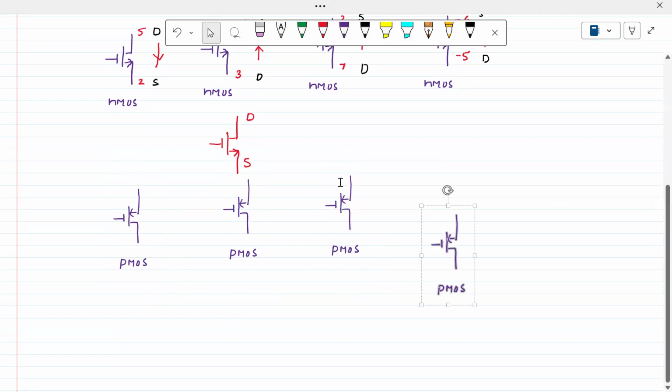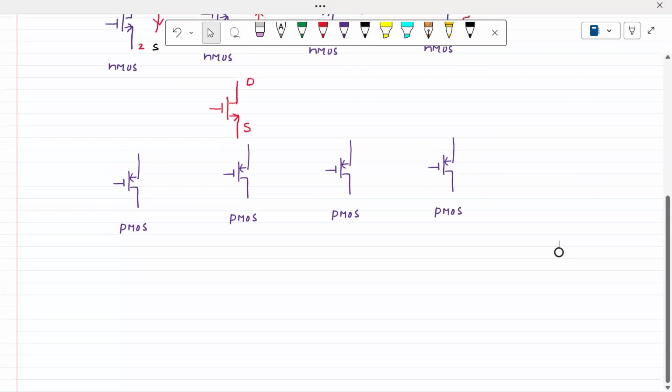We take a few examples. Now let us consider again -5, -2, 7, 3, 2, -5, -2, -2.